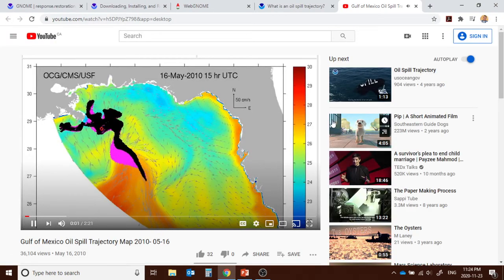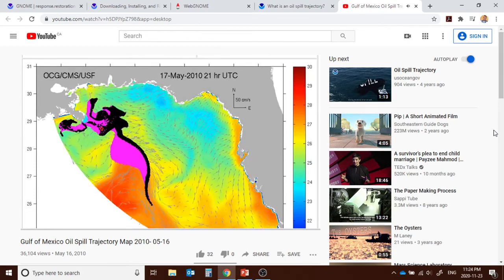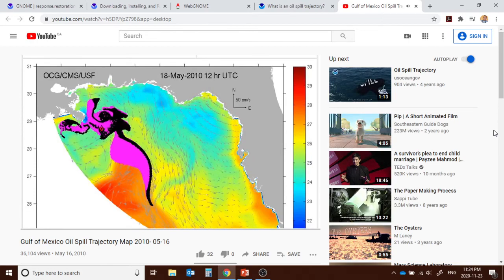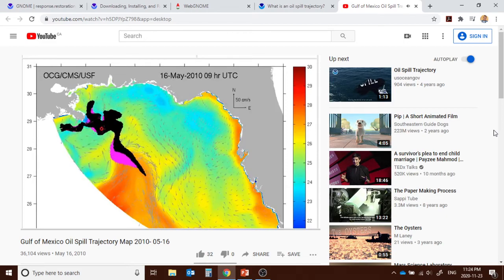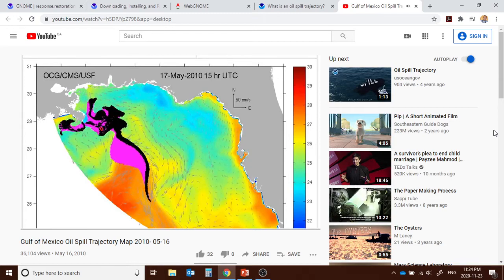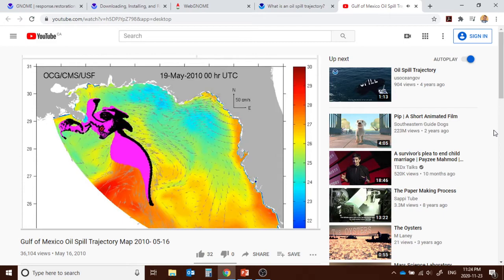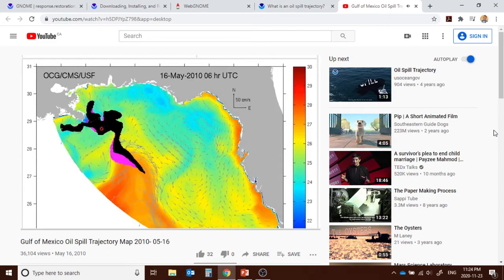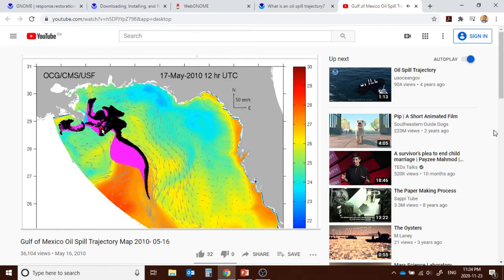Hi, a quick update on our drifters for the Deepwater Horizon BP oil spill. This new trajectory they're forecasting at University of South Florida is extremely scary. I mean, boy, it's really changed a lot in the last couple of days since I last had time to update myself on this. As you can see here, here's Deepwater Horizon.